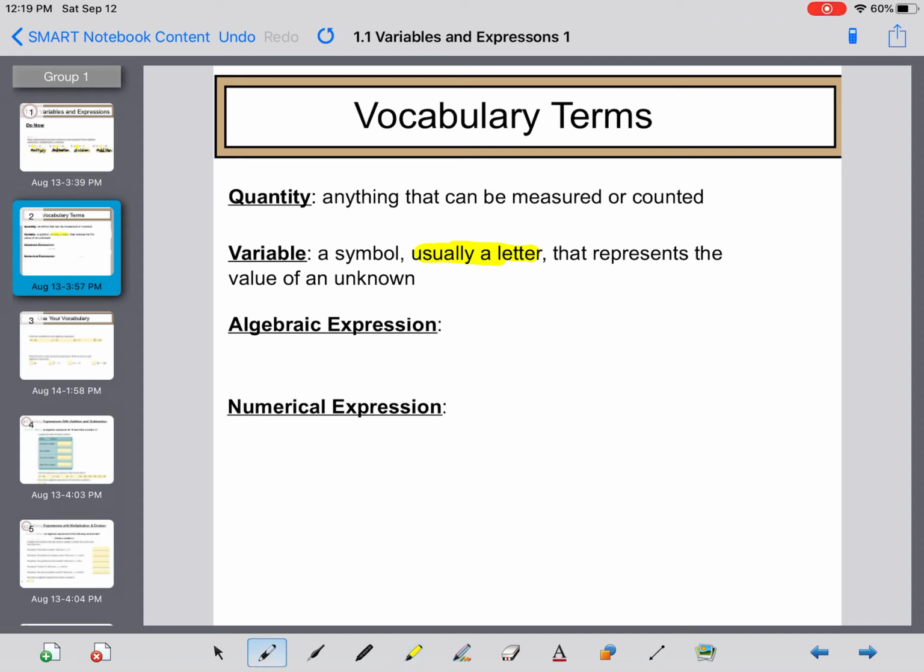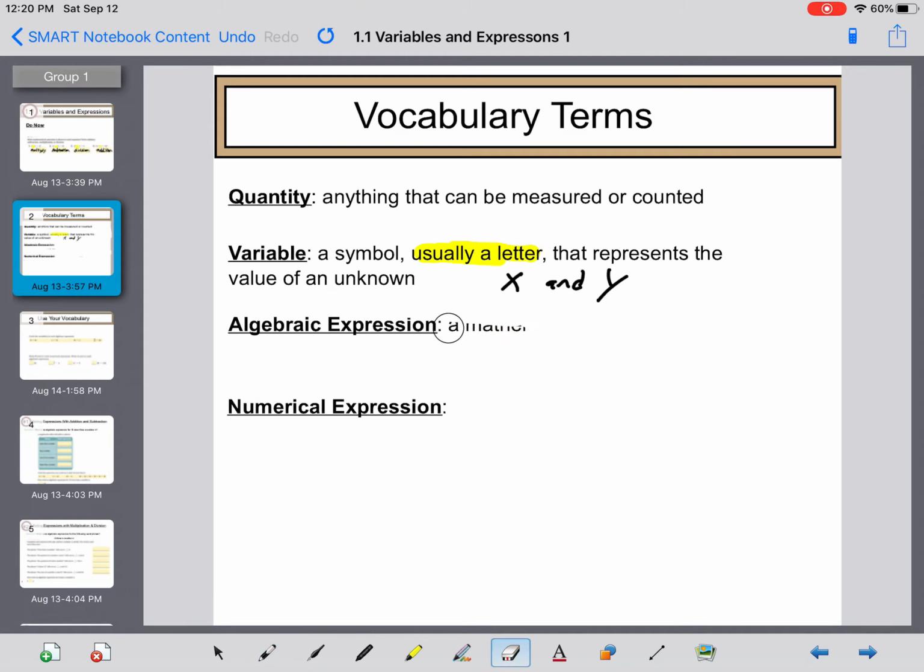As you've worked through algebra and even into geometry and higher level maths, our most famous or most recognizable unknowns are the variables x and y. Of course, any letter or symbol could be a variable in mathematics.